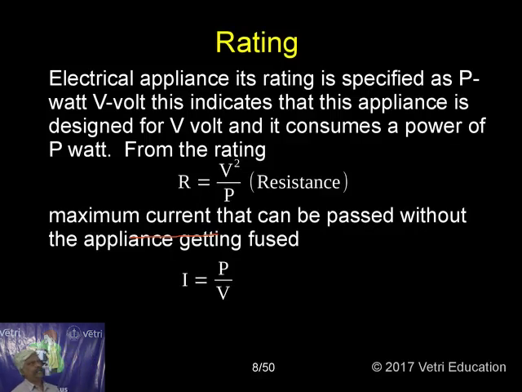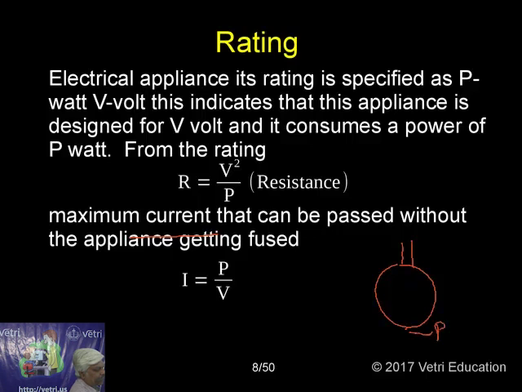What is rating? How much power you are using, and how much amount you have to pay. That is called rating. The electrical appliance's rating is specified, as I already told you: when you purchase a tungsten filament bulb, it is printed with power in watt and voltage in volt.